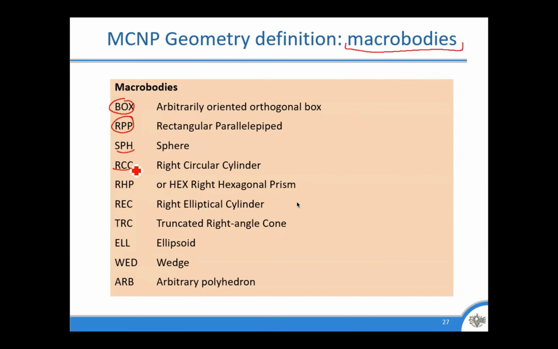These are really, I would say, the basic pieces to create an MCNP input geometry. So yes, you can have other possibilities. So there are other volumes that you can create.